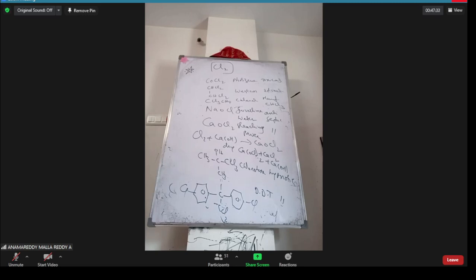Some of the compounds are highly reactive. That's why most of these compounds in organic chemistry, they will use chlorinated compounds. Understood? We came across so many compounds in organic chemistry. In second year, you will come across so many.